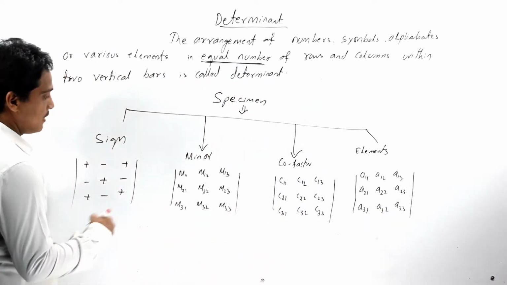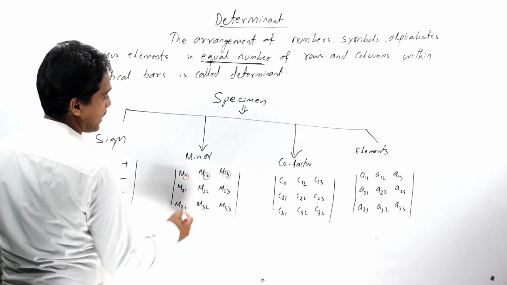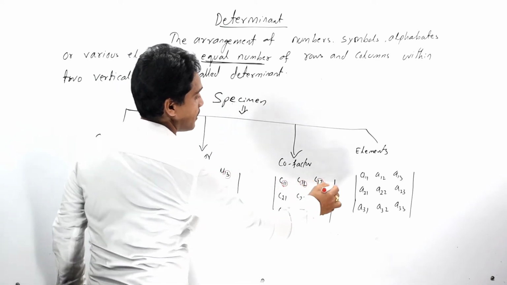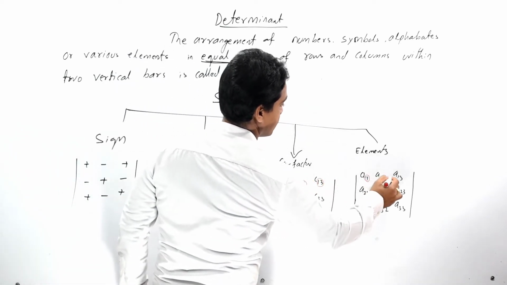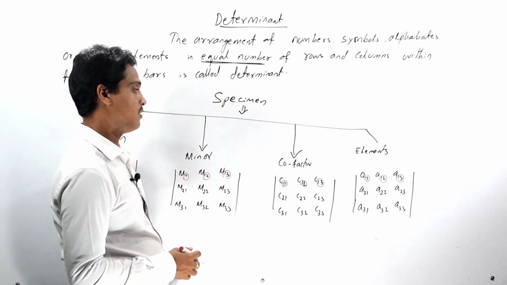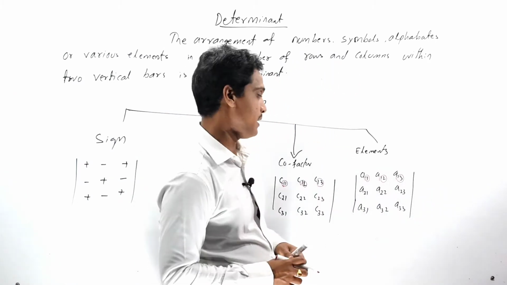Generally, the subscripts given against the minor, cofactor or element represent the position of the element in the given determinant.